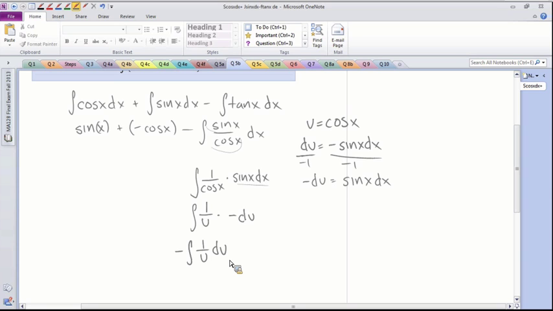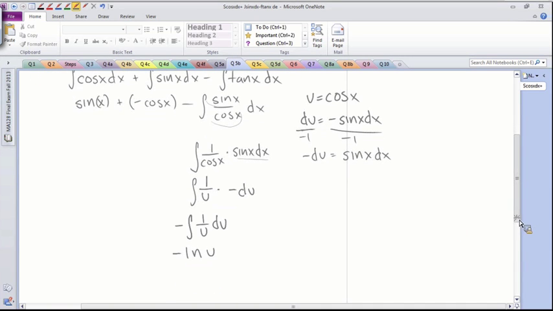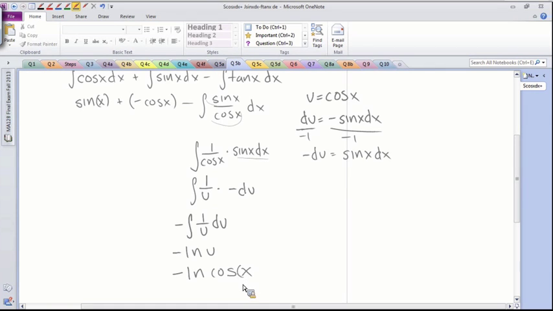So integral of 1 over u du is just ln of u. So this becomes negative ln of u, which we can just rewrite. We want this in terms of x, not u, so I'll say this is negative ln of the absolute value of cosine x.